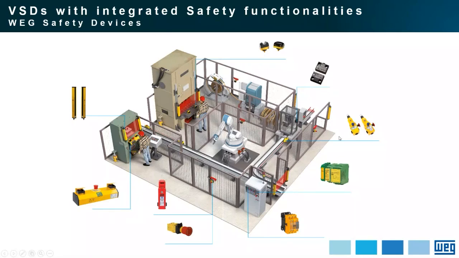We have as well different kinds of safety relays to protect the machine and to have real-time monitoring for different processes. Contactors, and especially the safety contactor version, also including all the certifications for safety purposes, emergency push buttons, safety switches, and also some customized solutions that will have all the components installed in one single product.